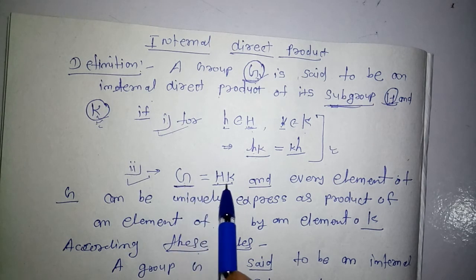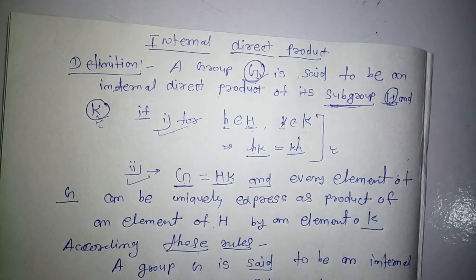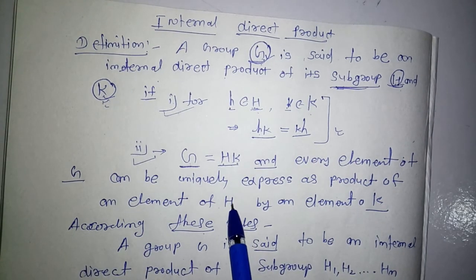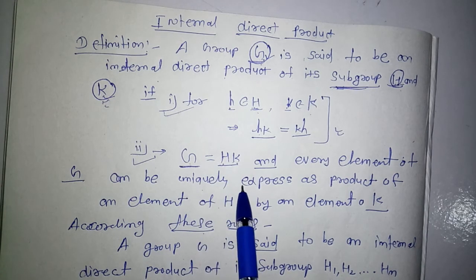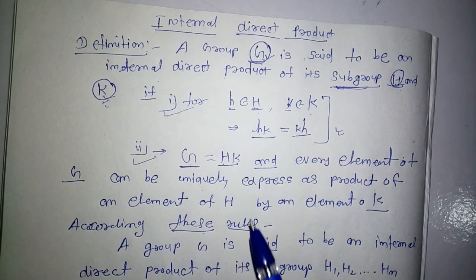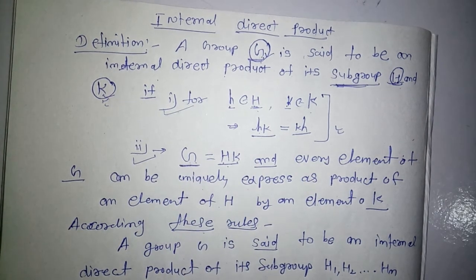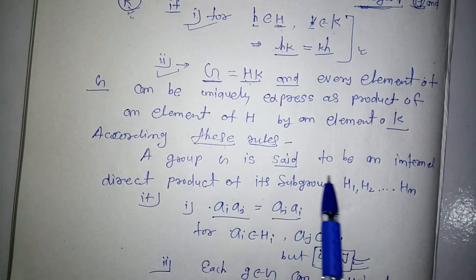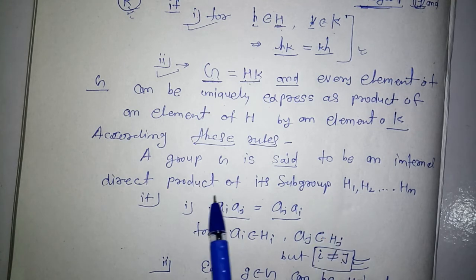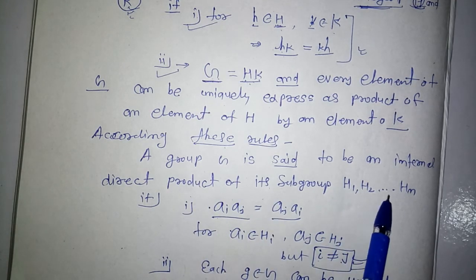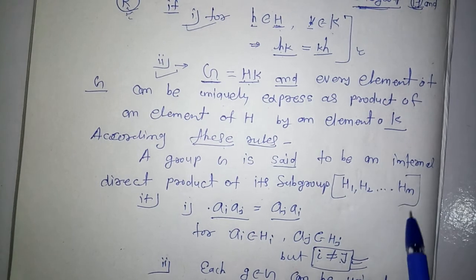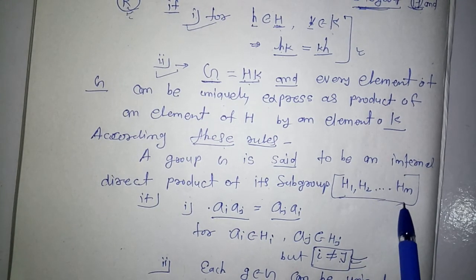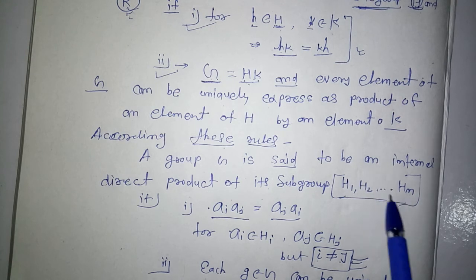Second property, G is equal to HK, because H and K are subgroups of G, and we can write here every element is uniquely expressed as a product of elements of H and K. And now the second one, a group G is said to be the internal direct product of its subgroups H1, H2 and H3. Okay, students, this is a series of subgroups of G.